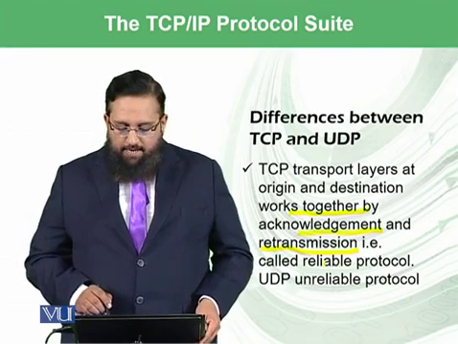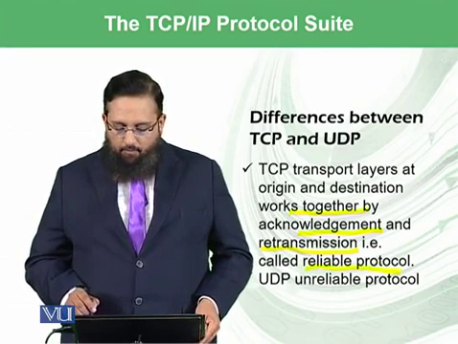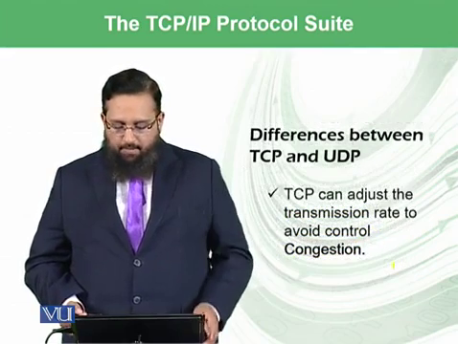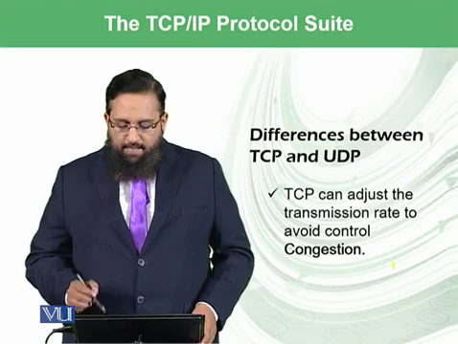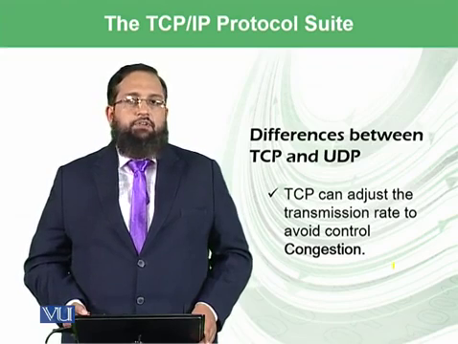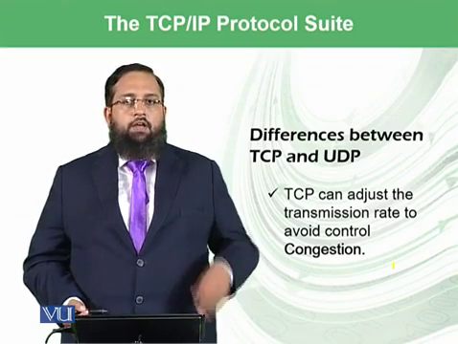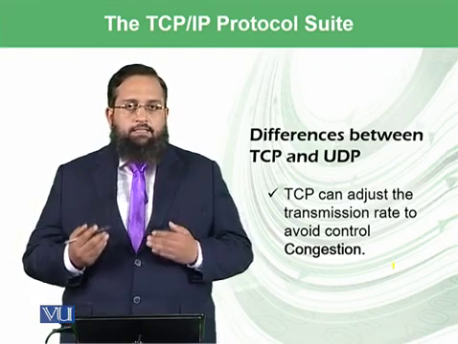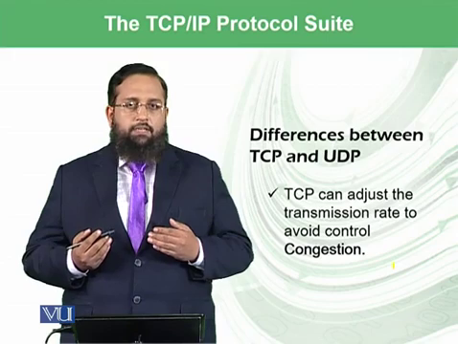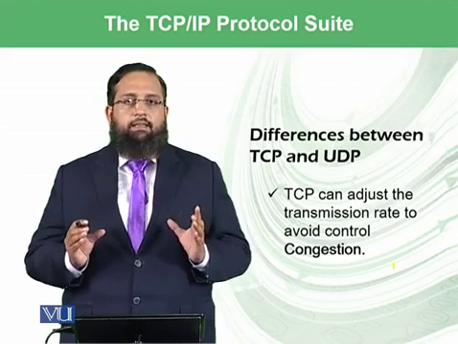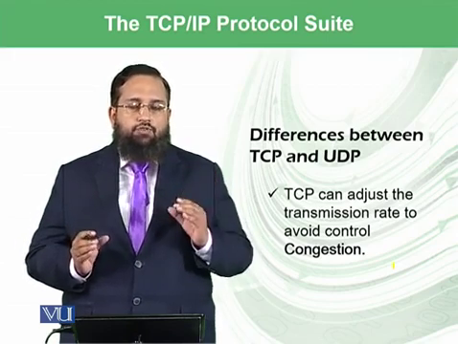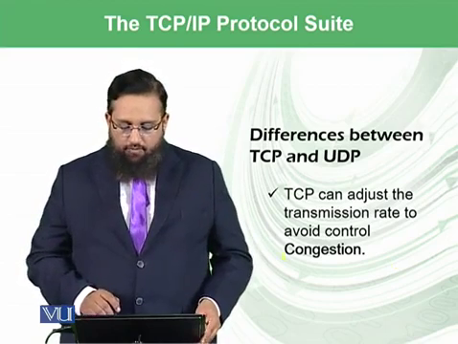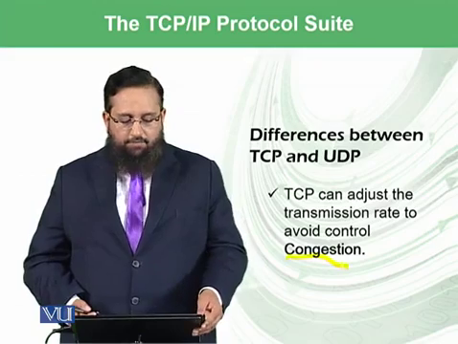That's why TCP is called a reliable protocol, whereas UDP is an unreliable protocol. TCP can also adjust the transmission rate depending upon the receiving capabilities of the receiver. It can increase or reduce the speed of transmission, and it can also avoid congestion if there is any.